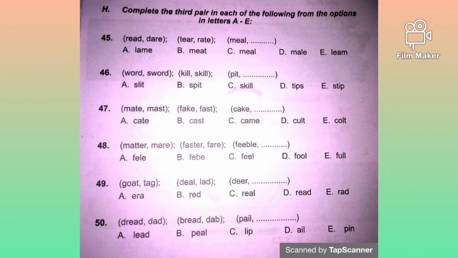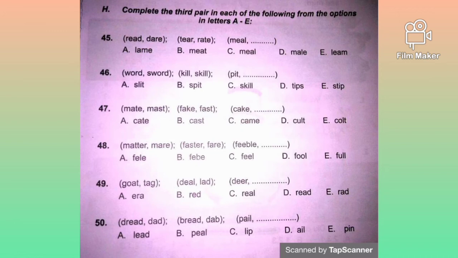So what are we going to do? We are going to add S to our pit, which is going to be spit. So let's see if we have spit in the options. We have A, slit. No. B, we have spit. Oh, that is our answer. You understand? Good. There are other words we can actually coin from it, but the one that follows the pattern is spit, which is option B.